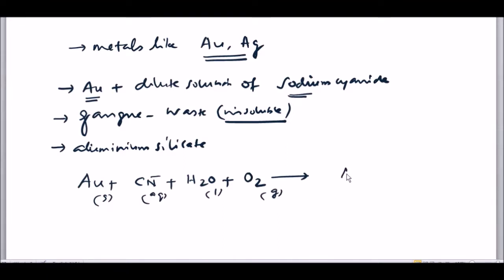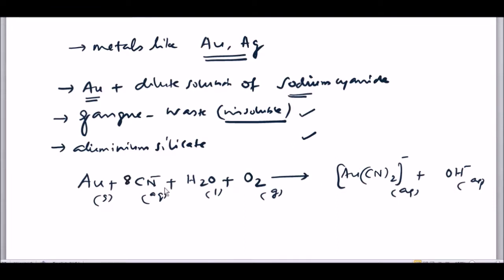While mixing these together, you get Au(CN)2 minus and OH minus, both aqueous, which means these remain in the solution, and other things are deposited as insoluble waste, including the gangue and aluminum silicate.